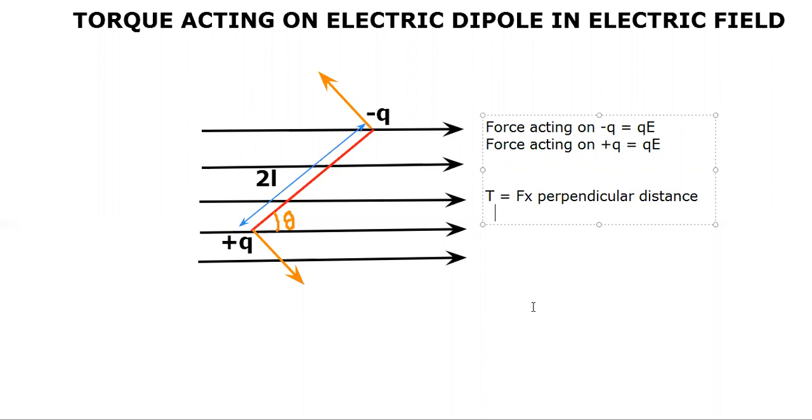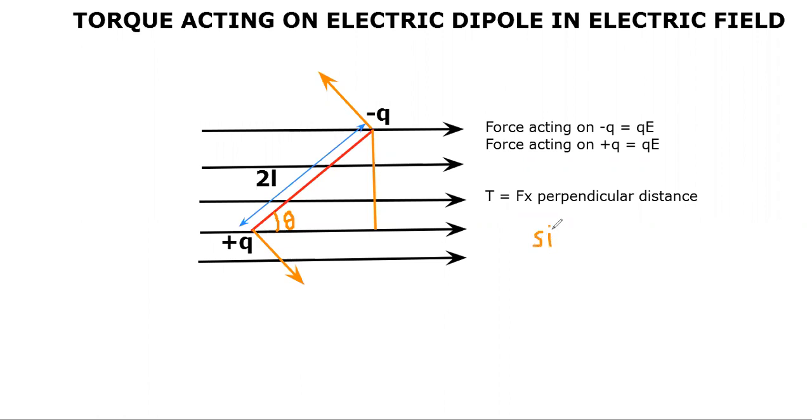Let me draw the distance over here. This is the perpendicular distance that we have to find out. With the help of trigonometry, we can find out this distance. If in this triangle I apply sine theta, then what is the value of sine theta?